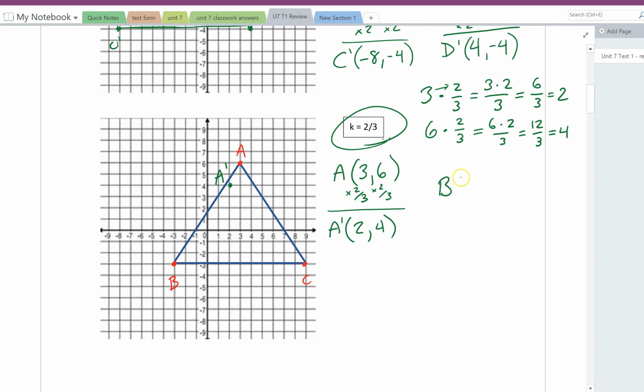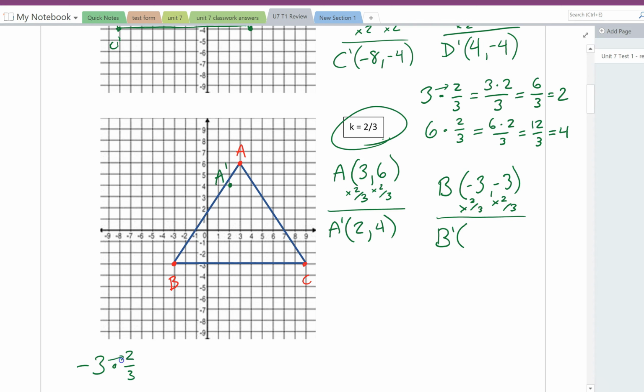Now B starts out at -3, -3. So I would multiply both of those -3's by 2/3. Luckily, I only have to do it once because -3 is the same thing as -3. So I'm just going to come over here for space. -3 times 2/3.